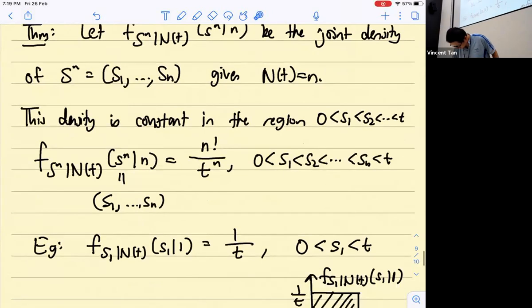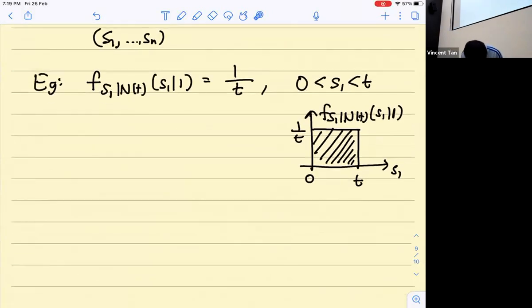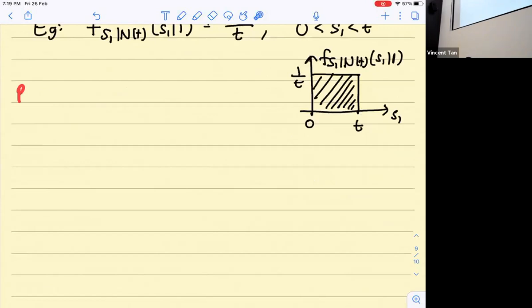So let us prove this. Everyone, by the way, understands the theorem statement? You must understand the theorem statement, otherwise the proof is futile. This is not very difficult. Proof. Let us start with the joint density of S^(n+1), which is the vector.